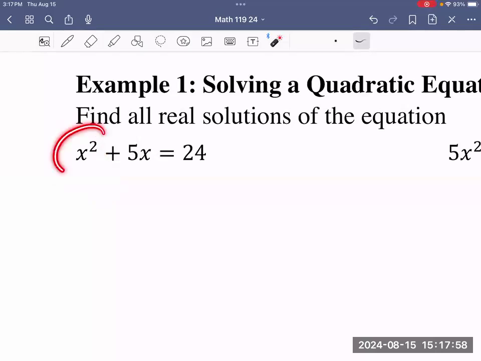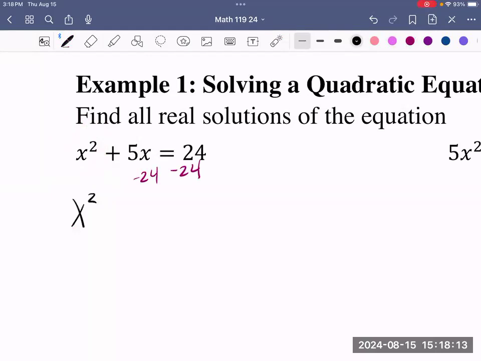Well, if this one is already positive, your highest degree being 2, we want to keep its position. So that means we're going to bring the 24 over. So let's go ahead and subtract 24 to the other side, to get x squared plus 5x minus 24 is now equal to 0.